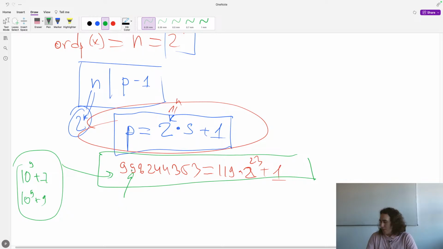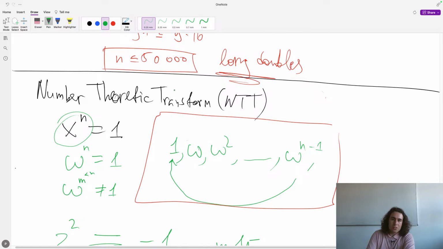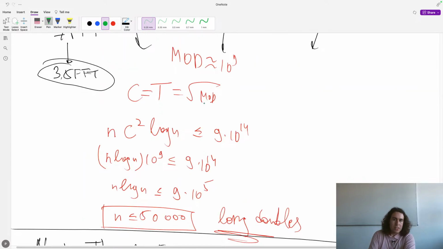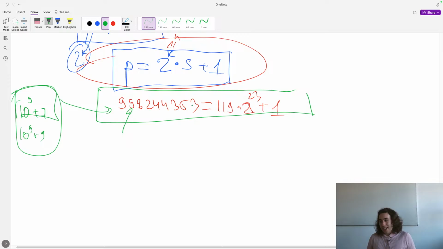And people had different opinions on what to do with that. One of the ideas was to just always use 10 to the 9 plus 7, and then we know that we can use FFT to calculate the product under any modulus. But the problem with that is that, as I said, you probably need a very optimized version of FFT for that to work fast. NTT is going to work fast already.